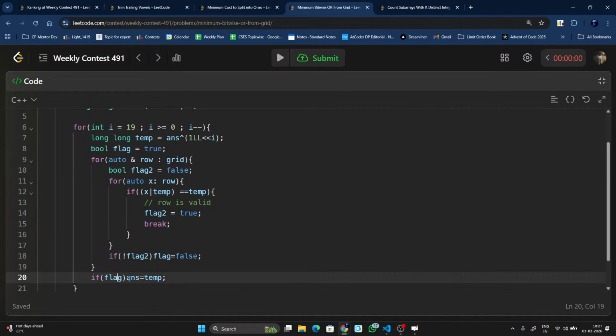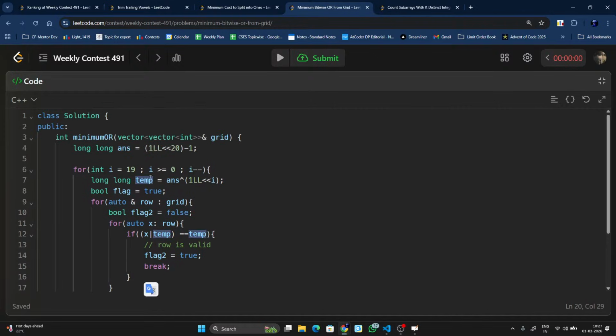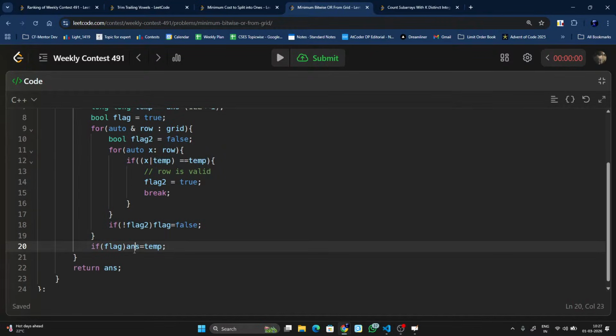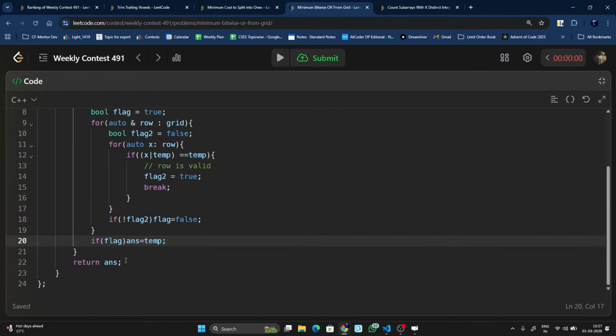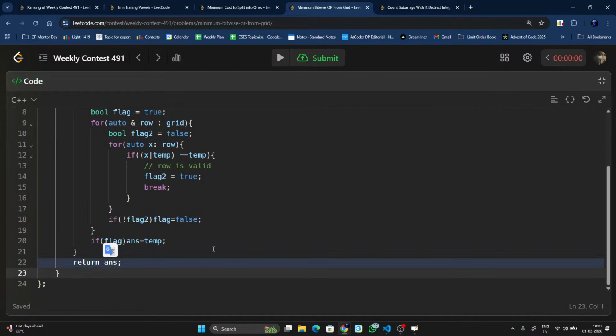And if I can turn off this bit, then like I have initially turned off that bit temporarily, but I will keep it as permanently off. But if I have not found, then I will not erase that bit. So that's how we are building our answer from the most significant bit to the least significant bit, and ultimately we would just return the answer. I guess this is clear to everyone.